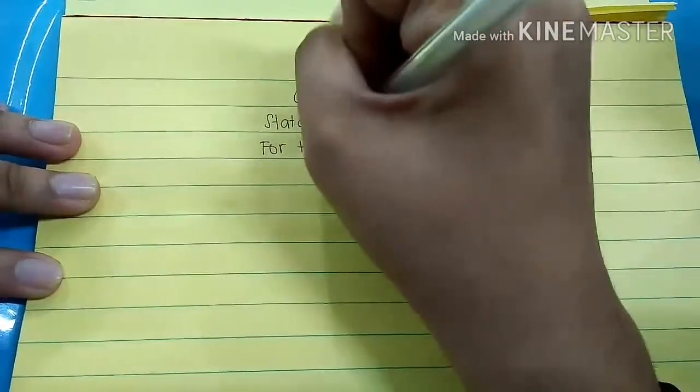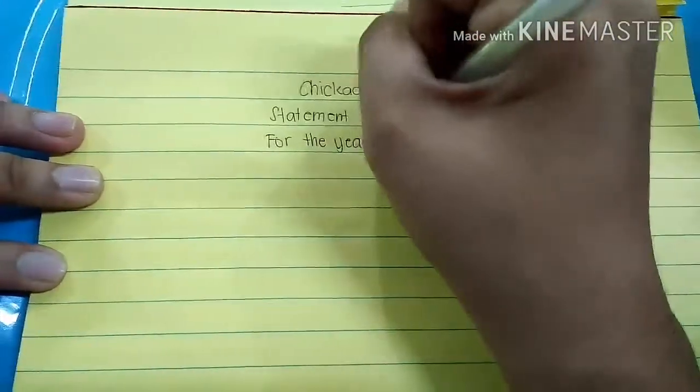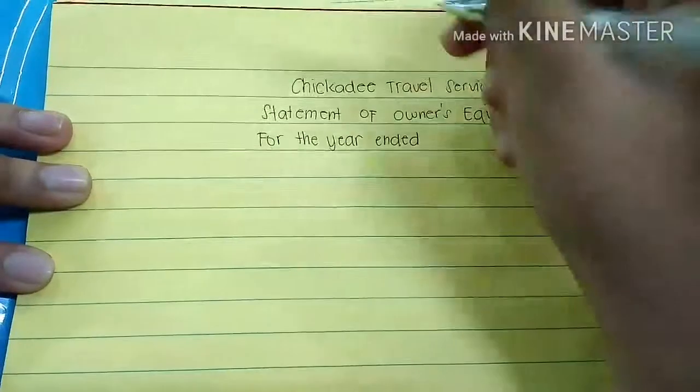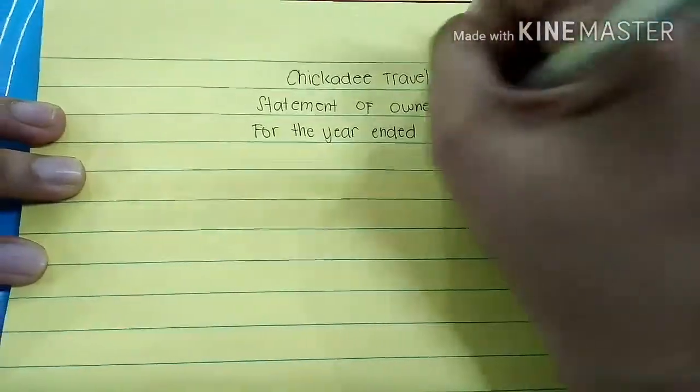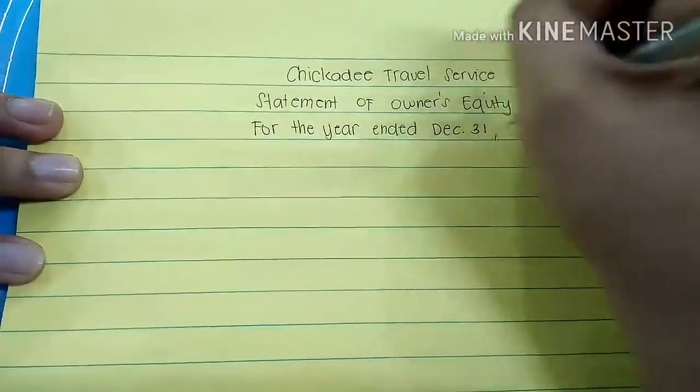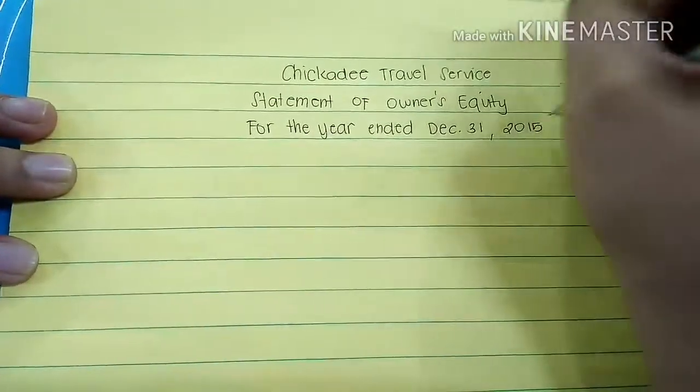The third line shows the period covered. The report covers a span of time, hence we use for the year ended, for the quarter ended, and for the month ended. Some annual financial statements omit the for the year ended phrase.